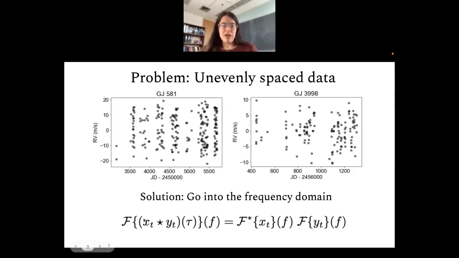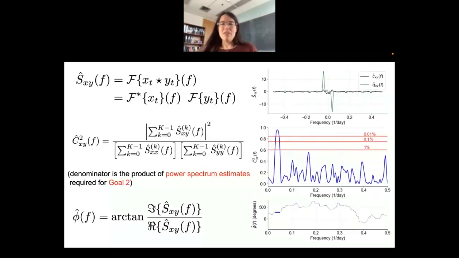The Fourier transform of your cross correlation, on the left of this equation, is also equal to the product of your conjugated Fourier transform of x of t times your Fourier transform of y of t. As long as you can compute a non-uniform fast Fourier transform, then you can get the information contained in the cross correlation about those oscillations. And there's more information that you can get.